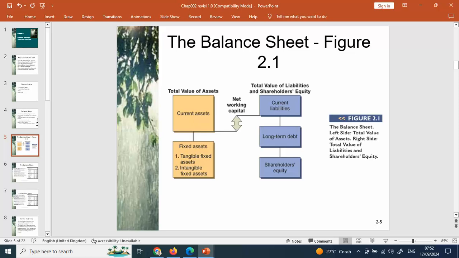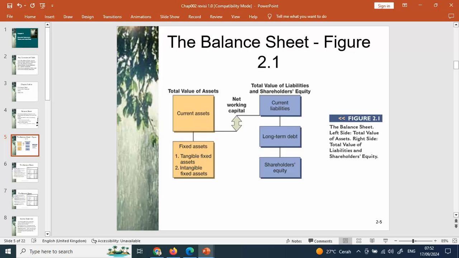Current asset is the asset that can be converted to cash more easily, and fixed asset is long-term asset.